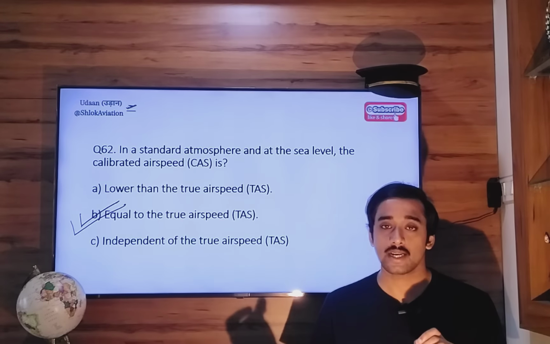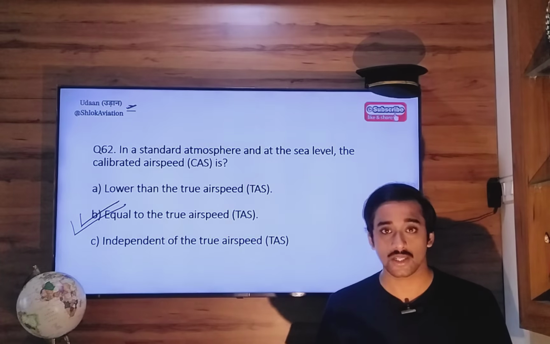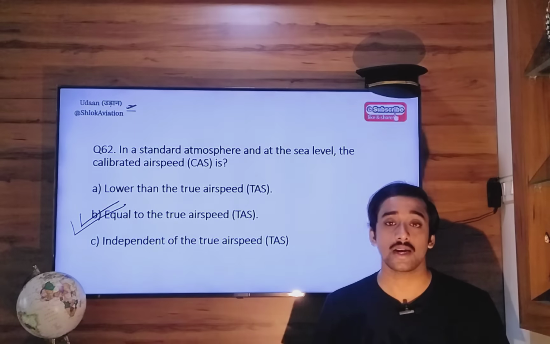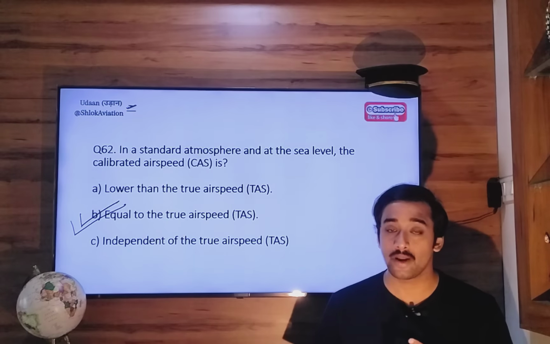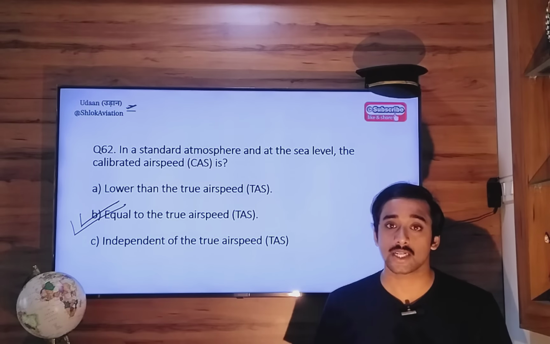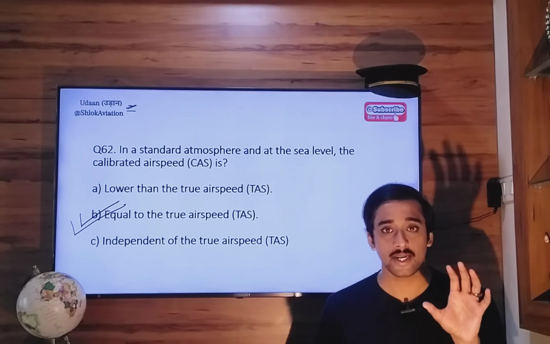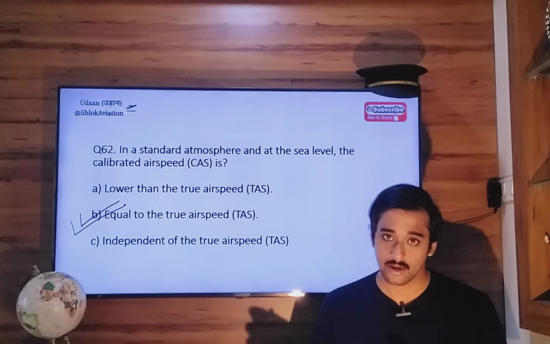So only in ISA conditions the difference between them will be zero. In warmer than ISA conditions, in colder than ISA conditions, in conditions of atmosphere which are worse or better than ISA in terms of pressure and humidity, you will have differences between the calibrated airspeed shown to you and the actual true airspeed that you are flying your aircraft.